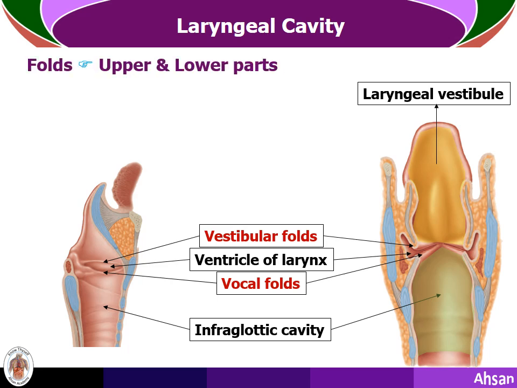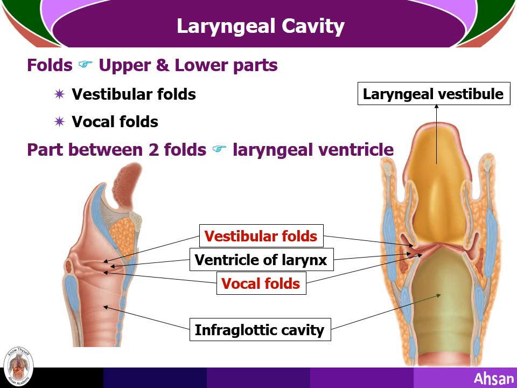So we have two areas, one above the vestibular fold and another below the vocal fold, and in between these two folds there is the laryngeal ventricle. So these are the three regions of the cavity of the larynx divided by two folds.